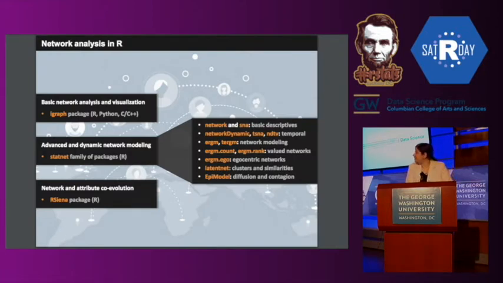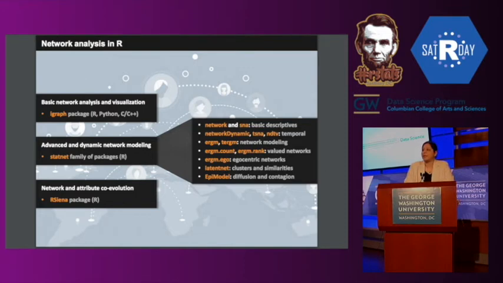In R, there are a number of ways to actually deal with networks, with those graphs. And depending on where you come from, you might have bumped into some or other of them, right? There are three big frameworks that you might end up using to analyze network data and visualize it.